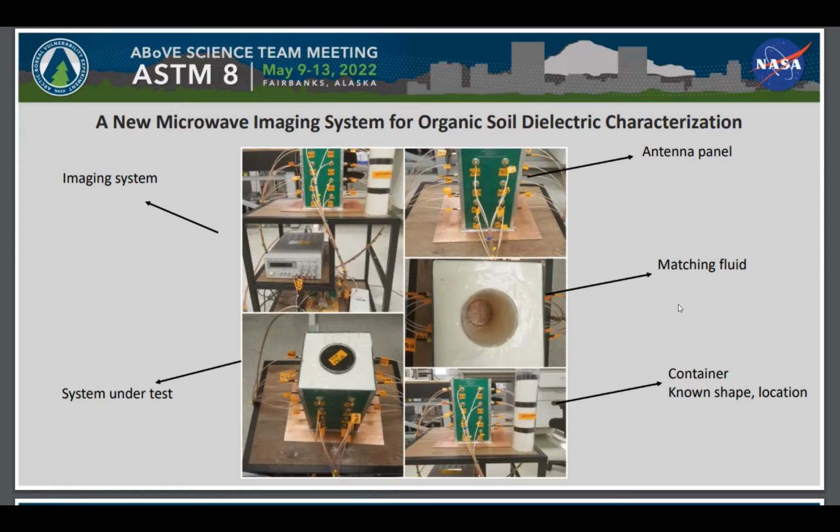And then we have these three containers. You can go to the Arctic, collect your soil samples, put them in a small container, which is the minimal disturbance you can create, bring it to the lab, and put it inside this and measure it. Then you can take it out, leave it in the air for some other soil moisture, and measure it again.